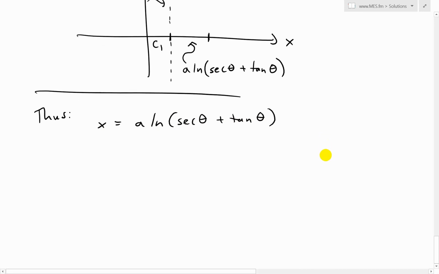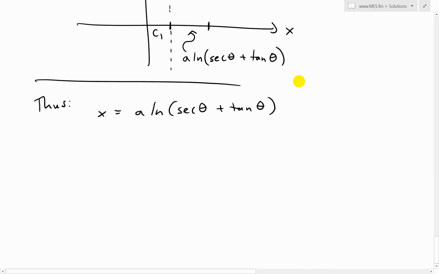And now this is where the Wikipedia page starts making more sense of how we're going to write it as a catenary function, as in my earlier method 1 video. So what I'll do now is take both of these as powers of e. Actually, before I do that, I'm going to move this a onto this side.